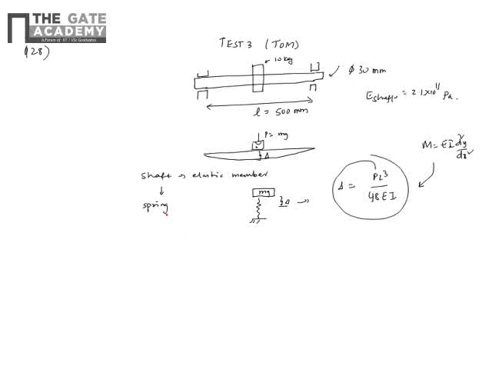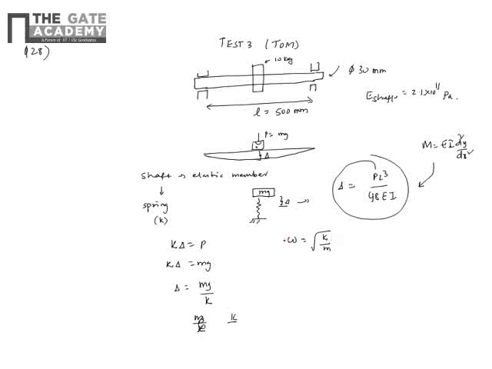So I can find the equivalent spring stiffness which the shaft provides at the rotor end. That is K delta equals P, and P is mg, so delta is mg by K. My idea is just to find K by m. When I model the shaft with this spring K, the natural frequency is root K by m, in radians per second.